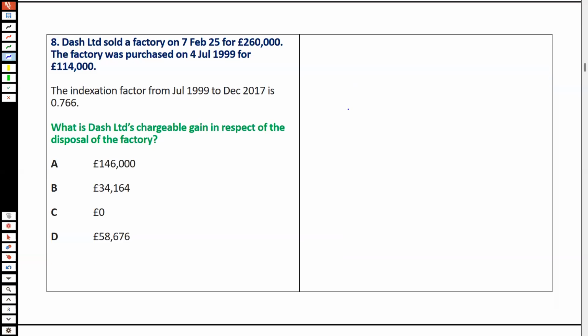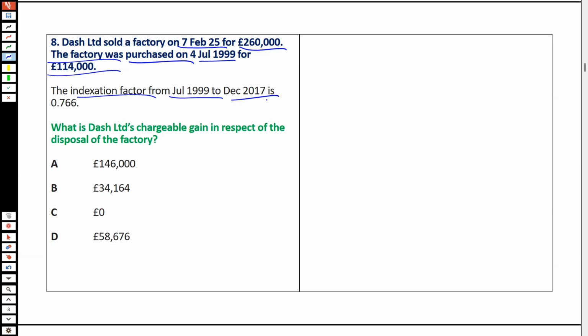Okay, so I'm on question 8 now. Dash Limited sold a factory on 7th Feb 2025 for 260,000. The factory was purchased on 4th July 1999 for 114,000. The indexation factor from July 99 to December 2017 is 0.766.